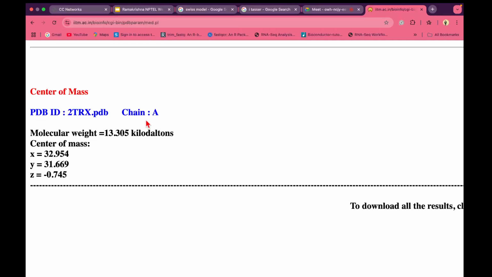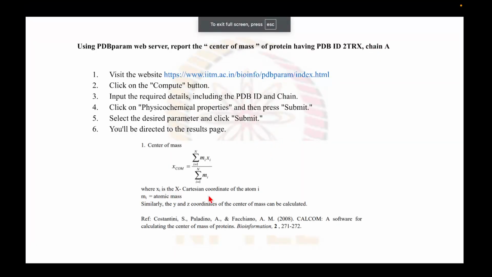So here the results page shows the input PDB ID and the chain, followed by molecular weight in kilodaltons, followed by center of mass, so the x, y, and z coordinates. Here on the screen I'm showing the formula of the center of mass that runs in the back end of the PDB param code.